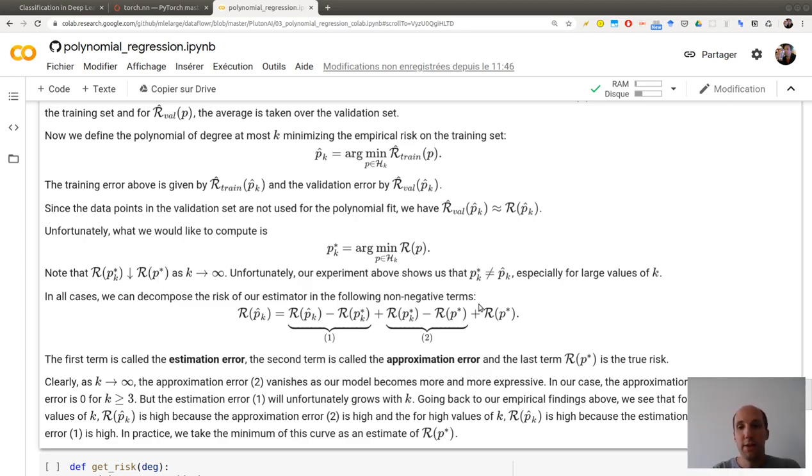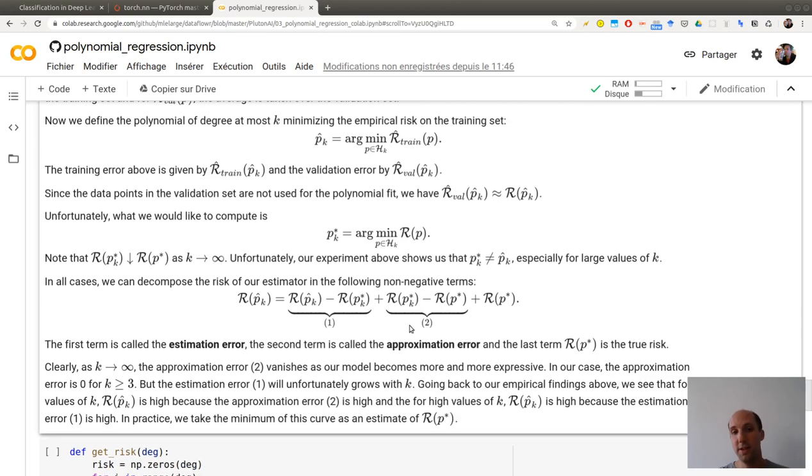So clearly, as k increases, you have more and more expressive power for your polynomial, so the hypothesis space is growing bigger and bigger. You will see that this quantity will decrease to this one. So the approximation error will go to 0 when k is big enough.